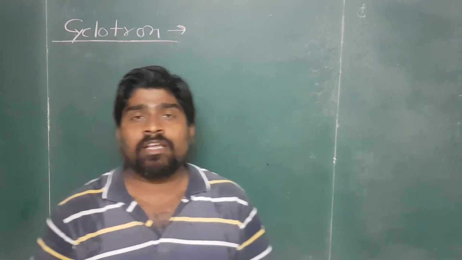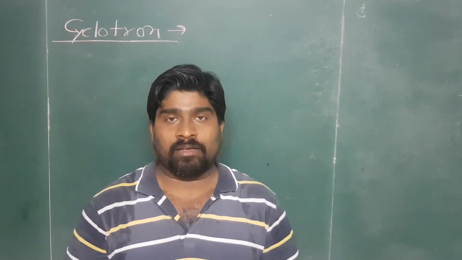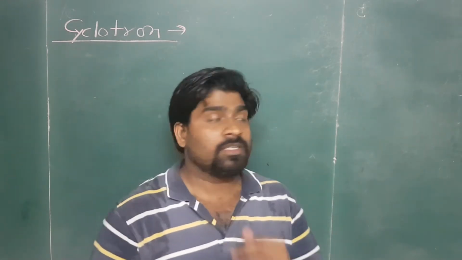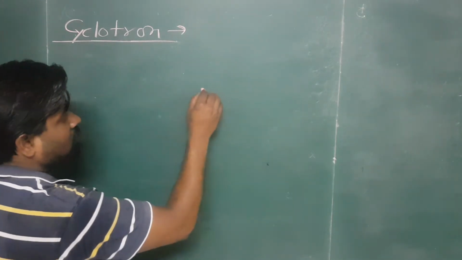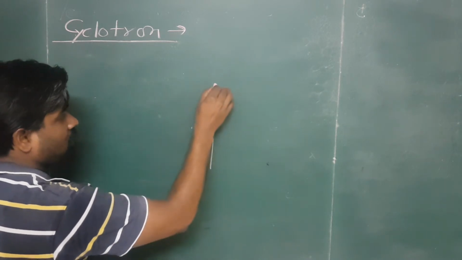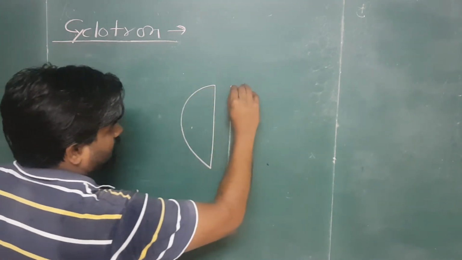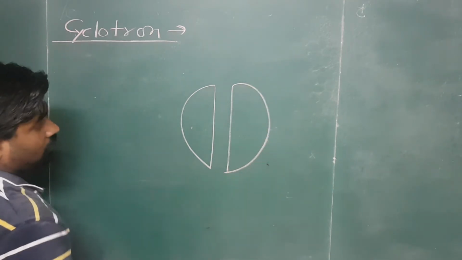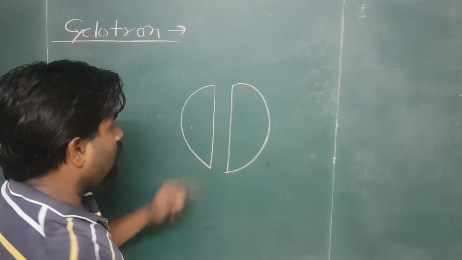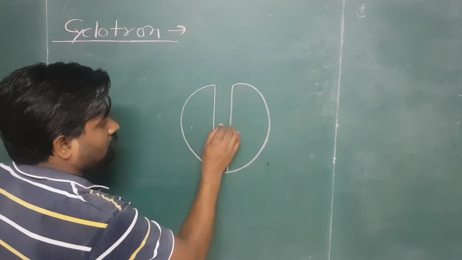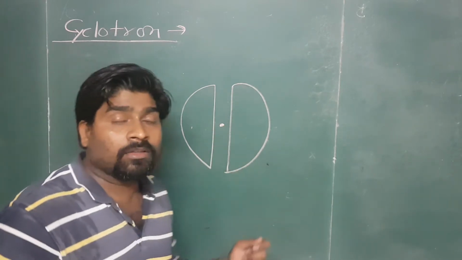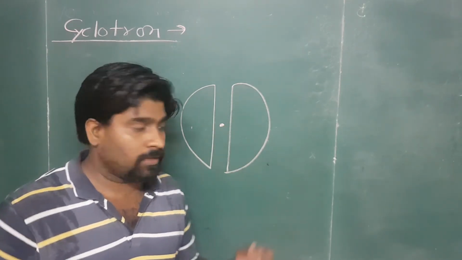Cyclotron is a machine in which we accelerate the charged particle. And how to do it? See, in this cyclotron, we will take two metallic pieces called Ds, right? And at the center, we will build in the source of particles.